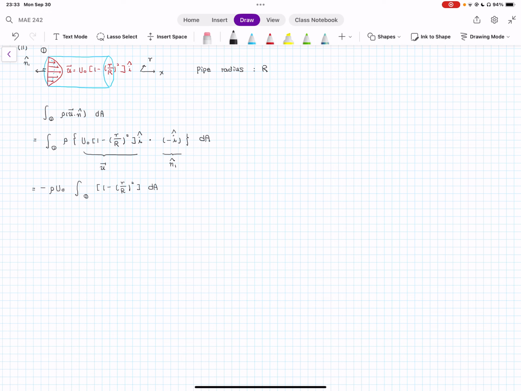So again, here the integration variable is A, which is the area, but this is the integral over this infinitesimally small area. And we need to do the integration of the term within this square bracket, 1 minus lowercase r over uppercase R squared. So meaning that to do this integration, we need to express this dA in terms of r or vice versa. But here I'm going to choose to represent this dA in terms of this radial coordinate system.